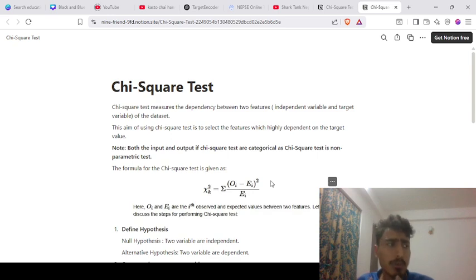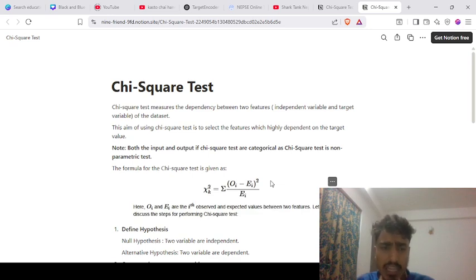The main thing we need to notice is that the chi-square test is a non-parametric test, so we generally use categorical features. In the note highlighted here, both the input and output features should be categorical.